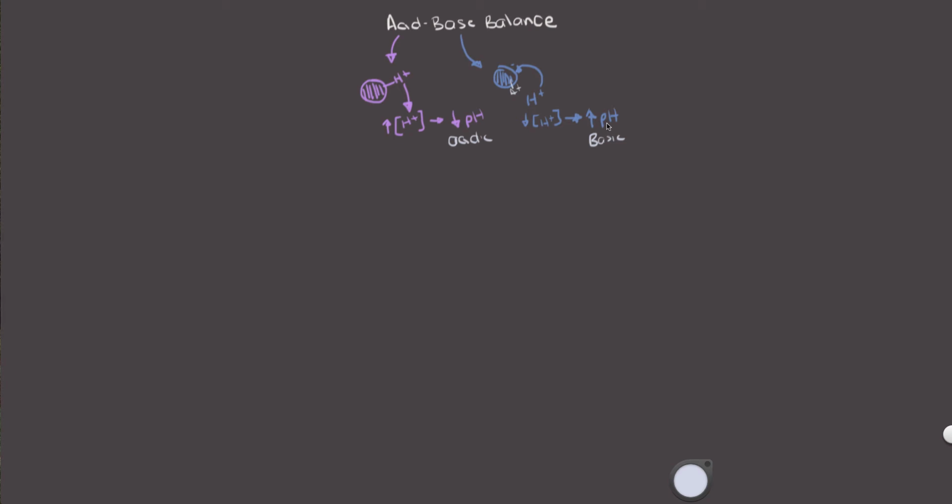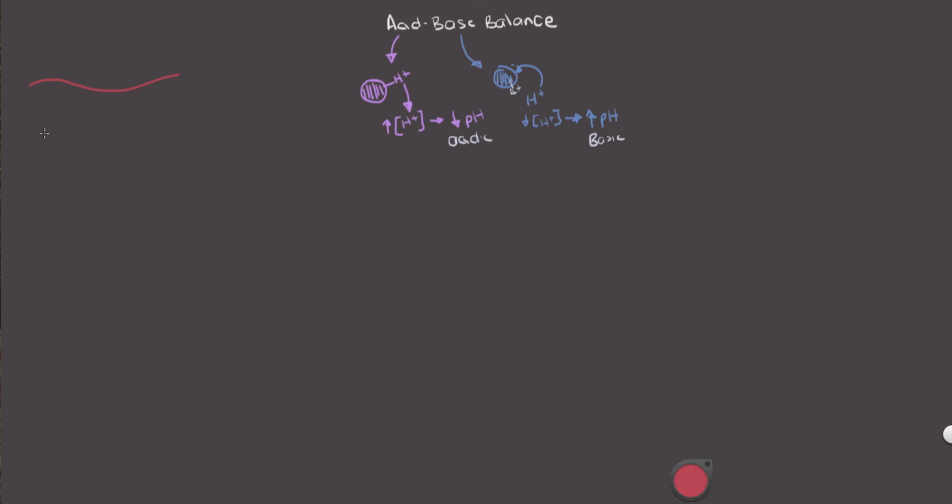So the body lives in a constant balance between acids and bases, and it's going to use buffer systems to do that. The body uses those buffer systems to keep body pH in a very specific range. Generally, when we're talking about the homeostatic pH, or where the body keeps pH in homeostasis, we're talking about arterial blood.